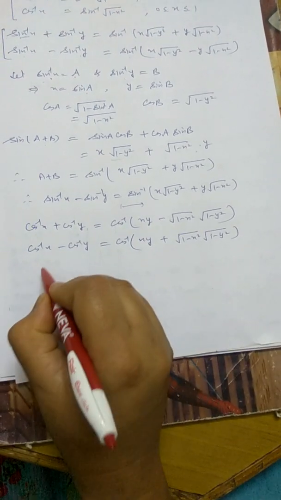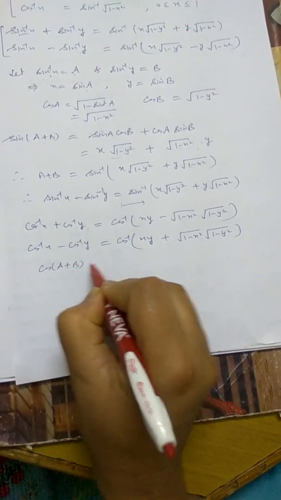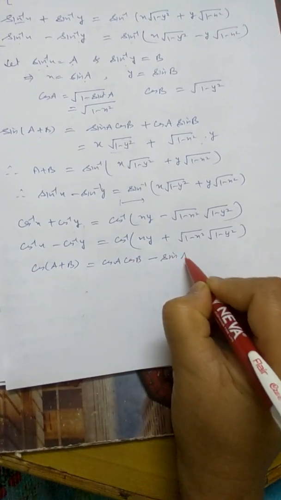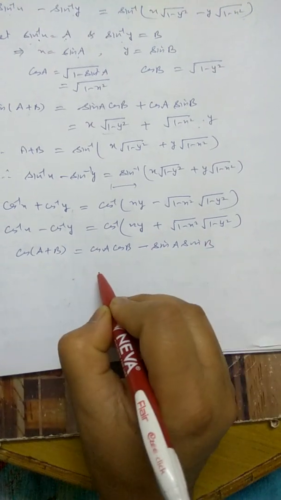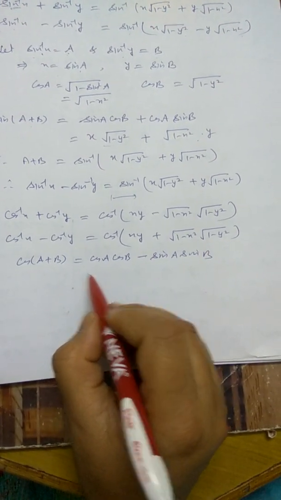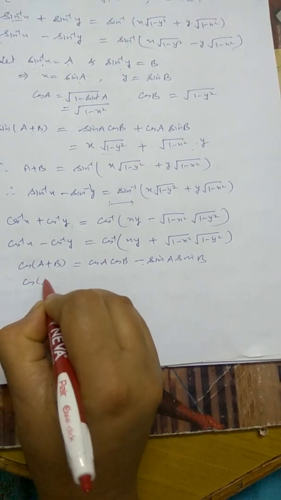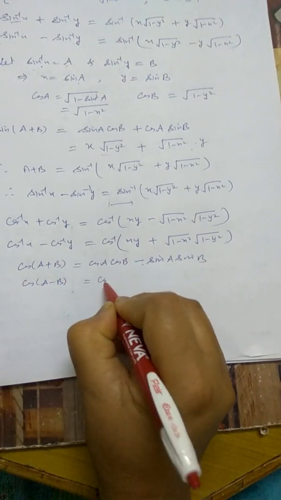Remind the formula for cos a plus b, that is equal to cos a cos b minus sine a sine b. In cos a plus b we have a negative sign, and in cos a minus b we have a positive sign.